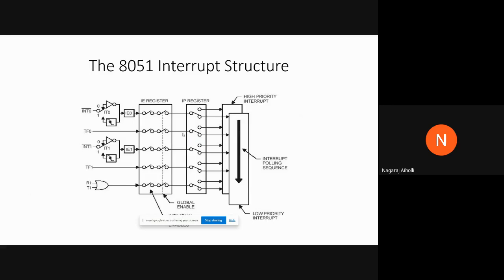In the examination, the question may be: explain the structure of the 8051 interrupt, or explain the 8051 microcontroller interrupt structure, or explain the interrupt structure in 8051 microcontroller. These may be the possible types of questions asked in the examination. If the question is asked on this, then you have to draw this figure and explain the related points about the 8051 interrupt structure.